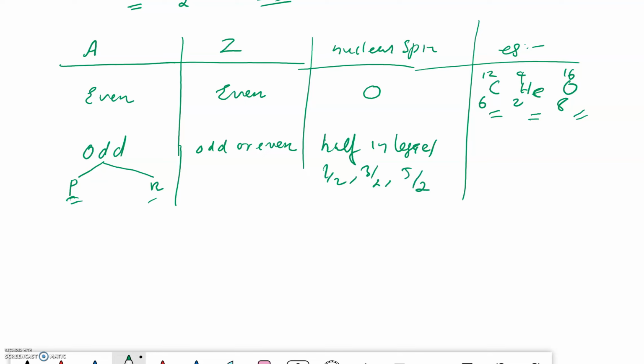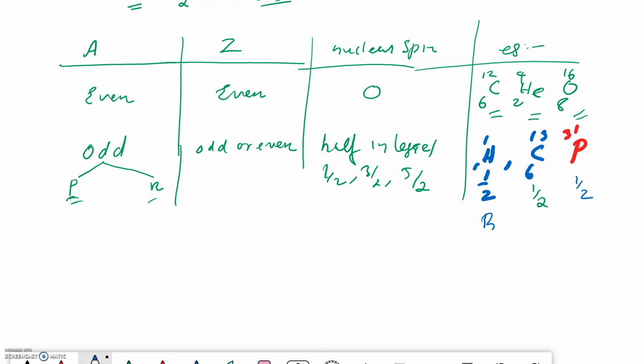For example, for this type of nuclei are H11 hydrogen, spin is equal to half, C613, again spin is equal to half, and phosphorus 31, spin is again half.